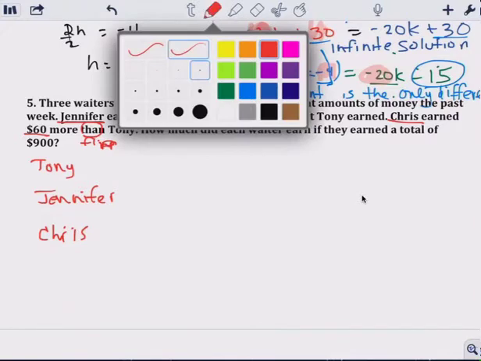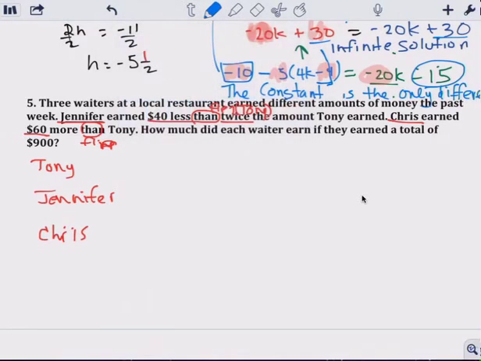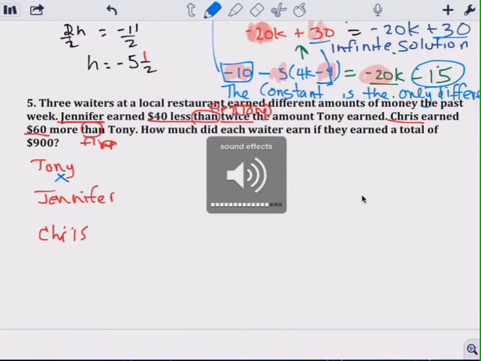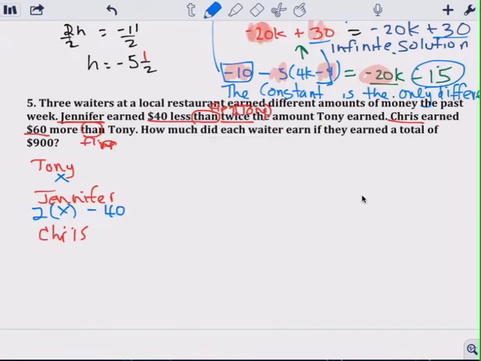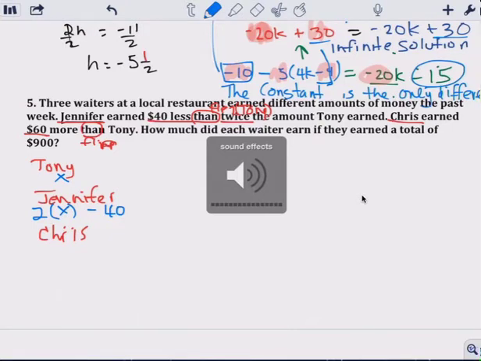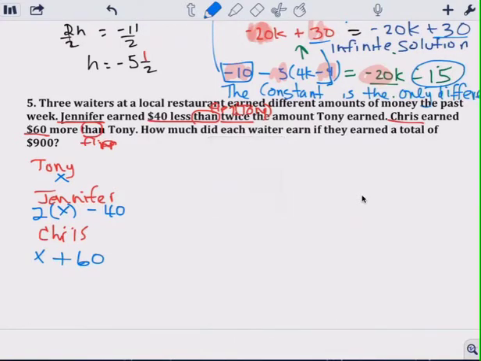We don't have any information on Tony, so Tony gets an X. Jennifer is $40 less than twice Tony, so twice X, and 40 goes in back. Chris earned $60 more than Tony, so Chris is X plus 60. How much did each waiter earn if they earn a total of $900?